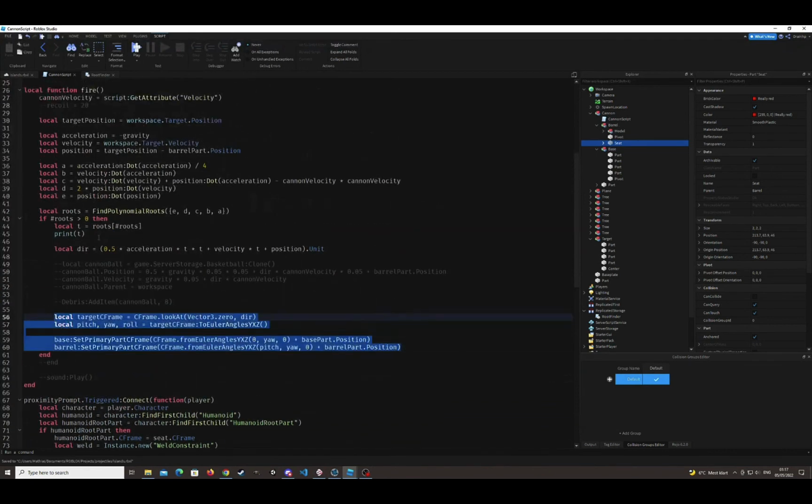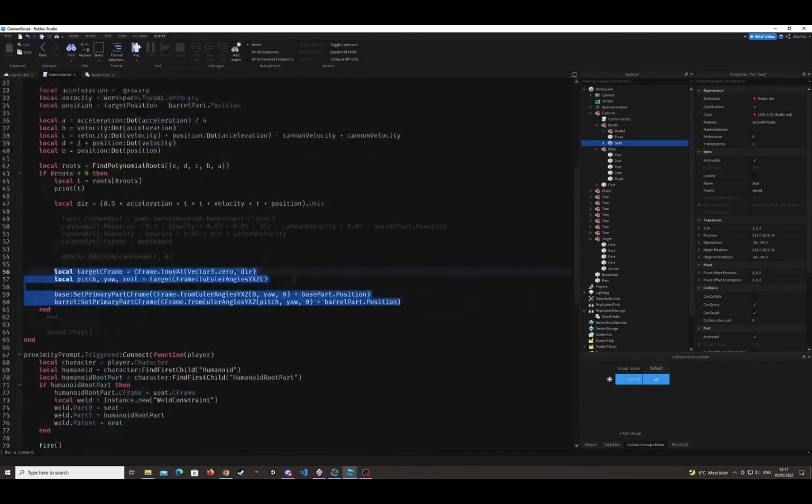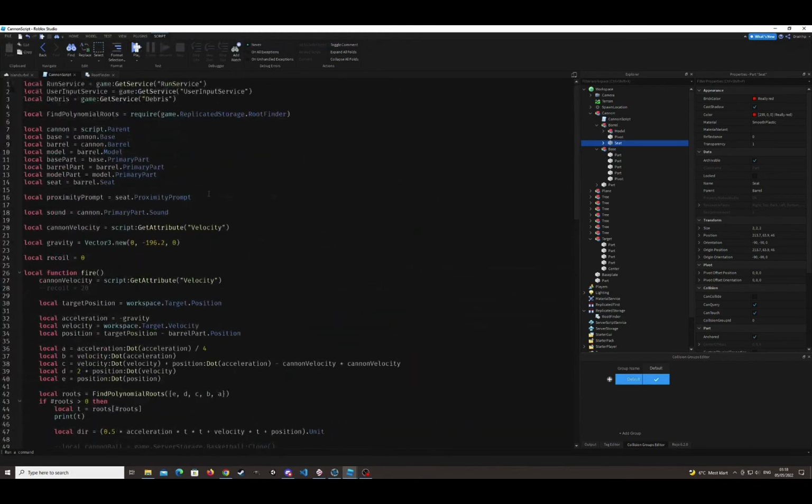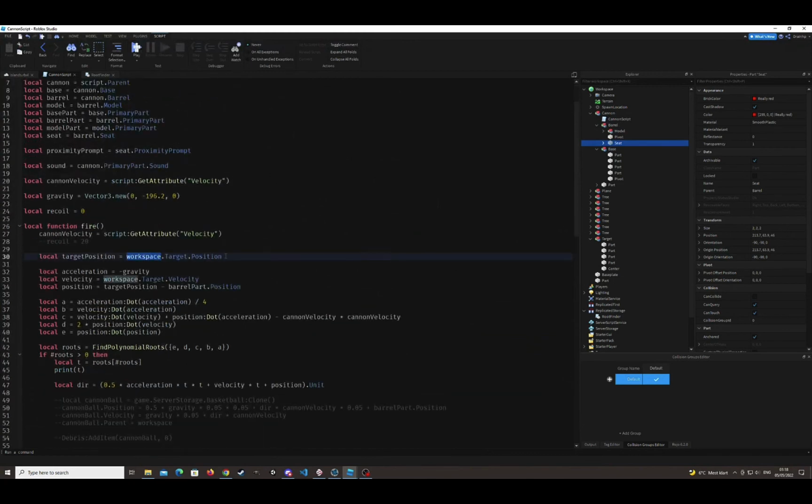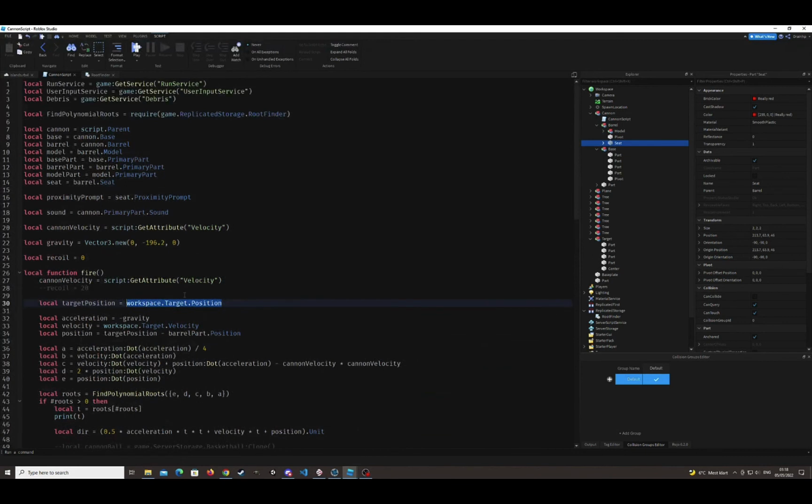It should actually align the cannon to the target, but we probably need to define the target first, which right now is just this. I guess we could define this somewhere else.